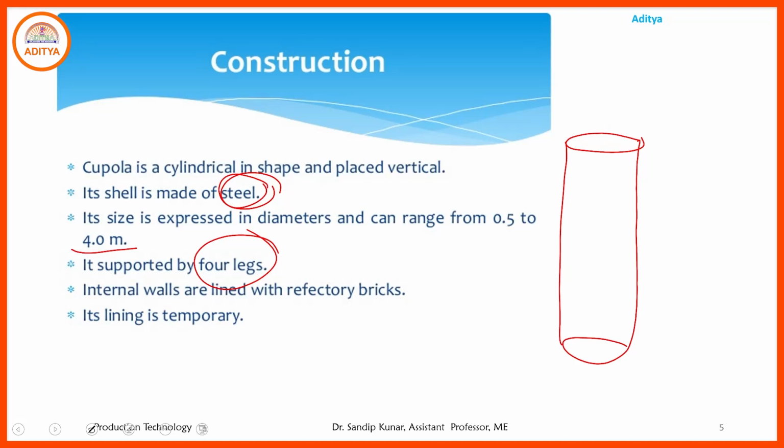The internal walls are lined with refractory bricks. Why do we use refractory bricks? Because that material withstands higher temperature. During melting of cast iron or other materials, very high temperature is generated, and to withstand that high temperature we use refractory bricks.